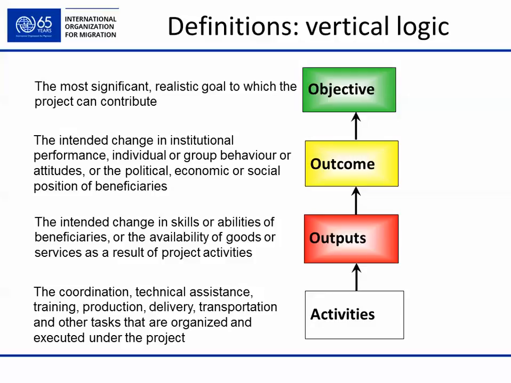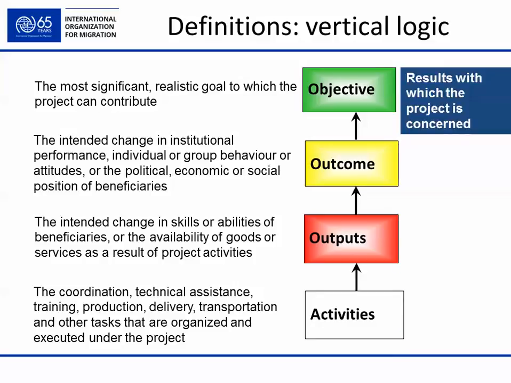And objective, this is the most significant realistic goal to which the project can contribute. Objectives are the results with which the project is concerned. That's important to understand. It basically means that we have to be concerned about this.